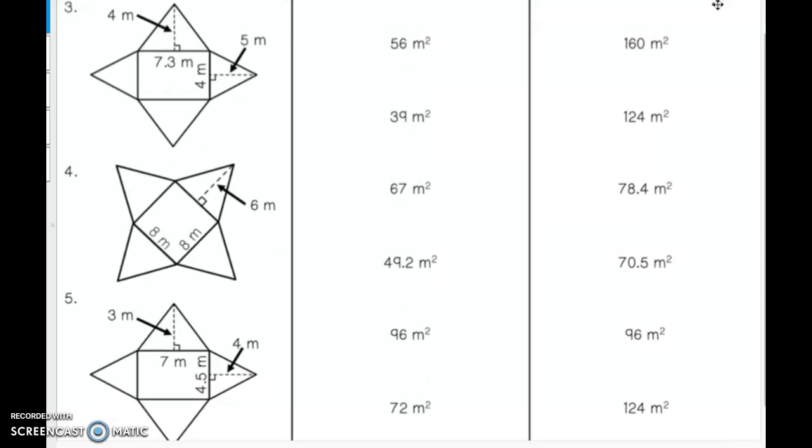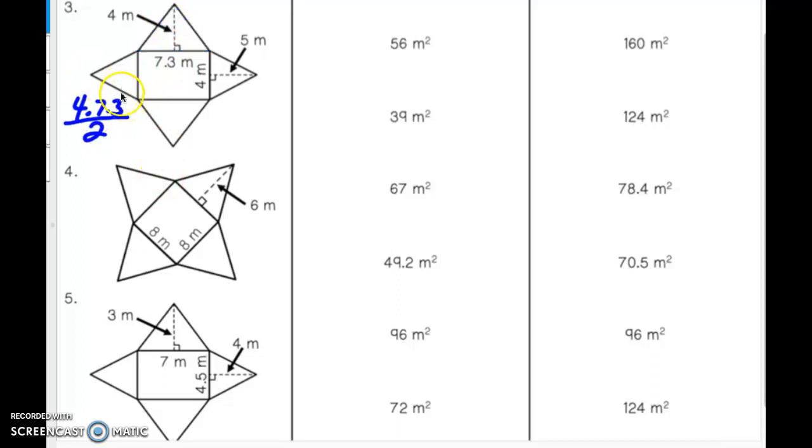So let's start by finding these two. So we have a 7. This one is 4 times 7.3 divided by 2, and there are 2 of them, okay?